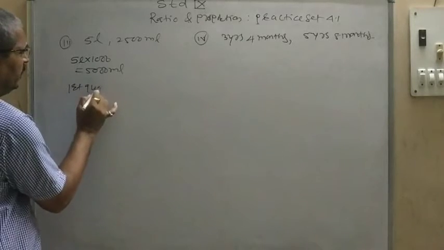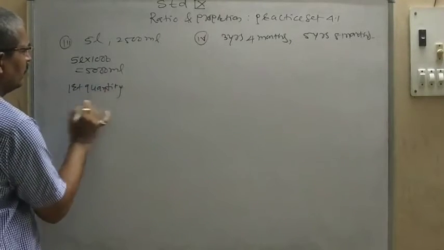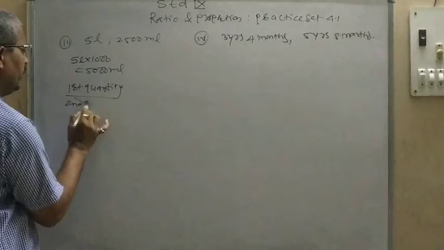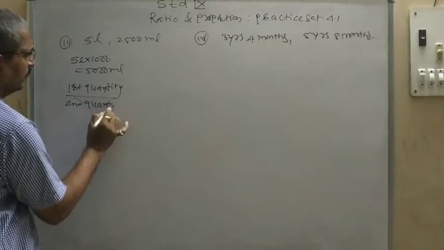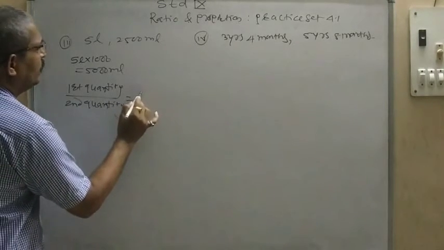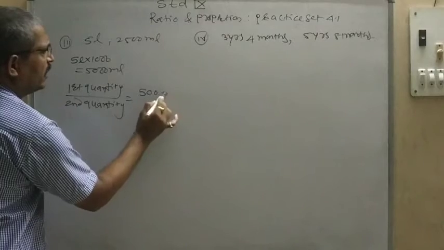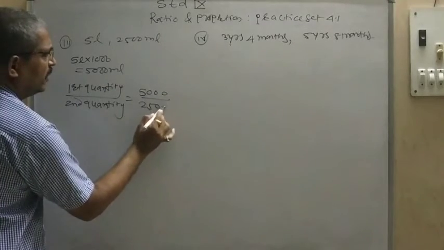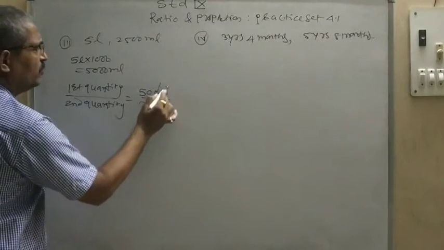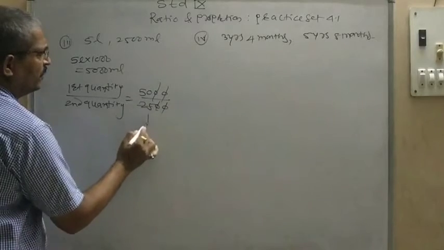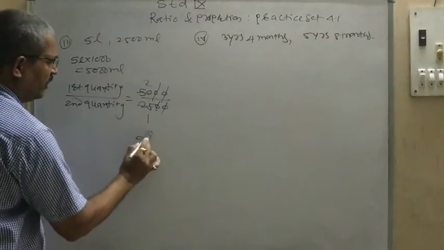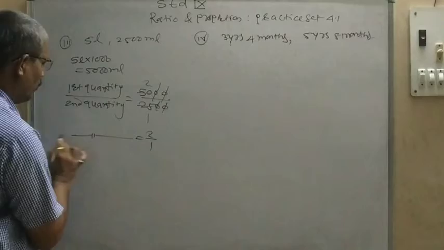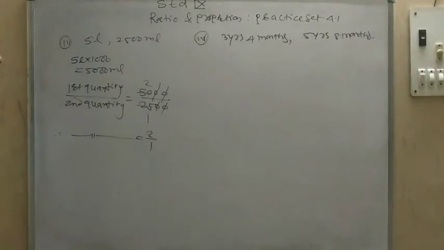Then first quantity upon second quantity is equal to 5000 ml upon 2500. These two zeros are cancelled. 25 ones are 25, 25 twos are 50, 2 upon 1 is the answer.